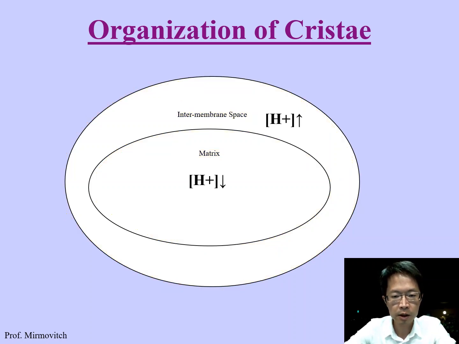The intermembrane space, inter means between, has a high concentration of hydrogen ion. In the matrix, you have a low concentration of hydrogen ion. So in other words, it is a little bit acidic in the intermembrane space. It is a little bit basic in the matrix.